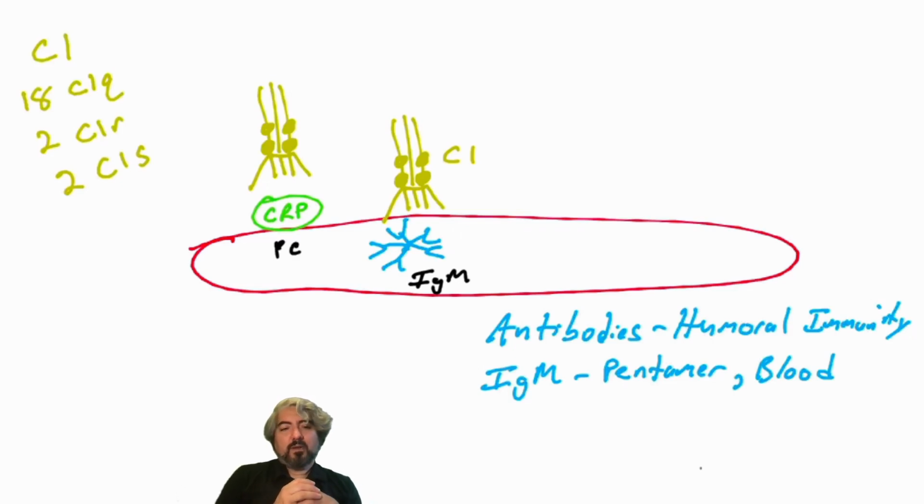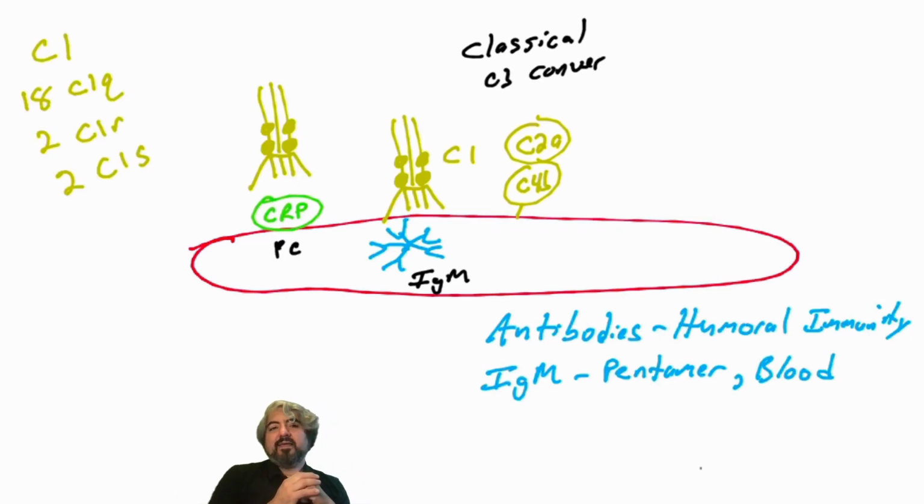Well, the C1 molecule can also bind IgM. So it can bind CRP and it can bind IgM, specifically the Fc region of IgM. We'll talk about regions of antibodies in later videos. But for now, understand that the C1 complex, those C1q stalks that stick down, will interact with the Fc region of IgM antibodies, and that is going to do the same thing that C1 did when it bound to CRP on the surface of a pathogen.